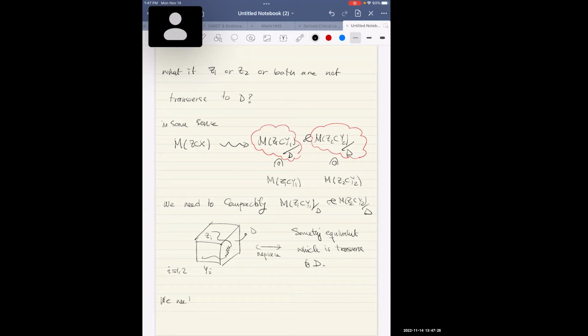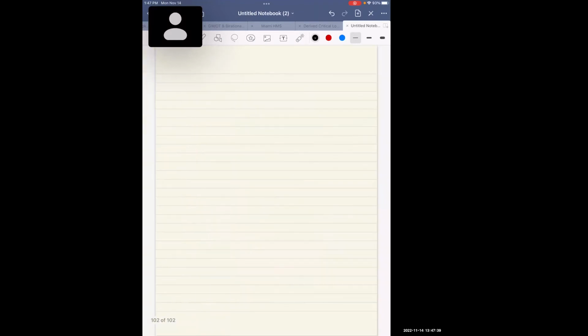We need to come up with a compactification of the open locus of relative ideal sheaves I, Z inside X. Here we are trying to compactify Z1 inside Y1, and Z2 inside Y2.